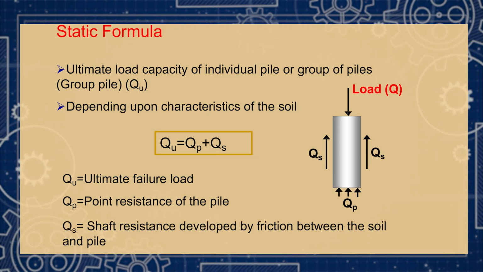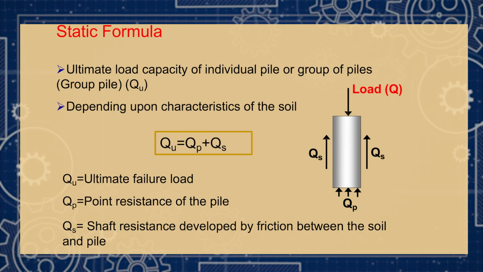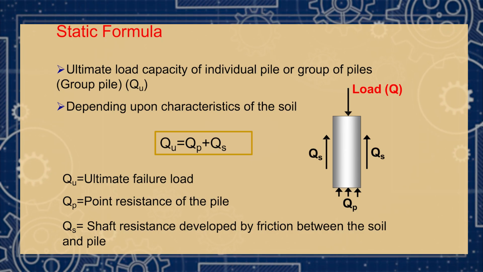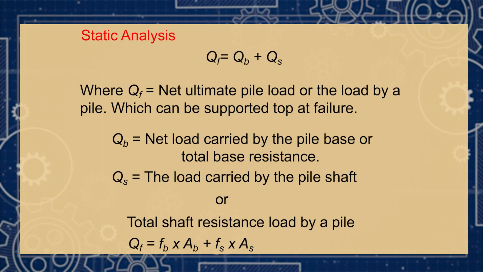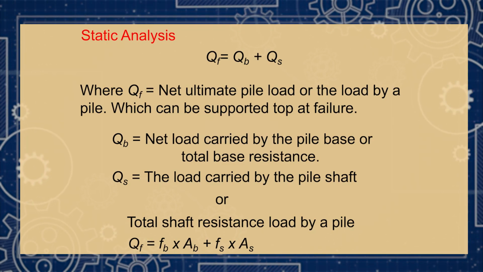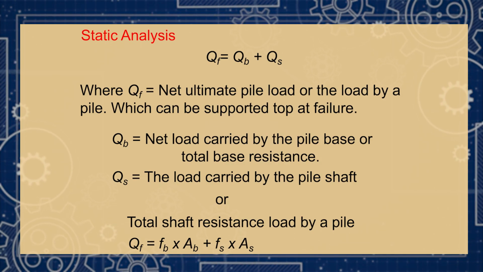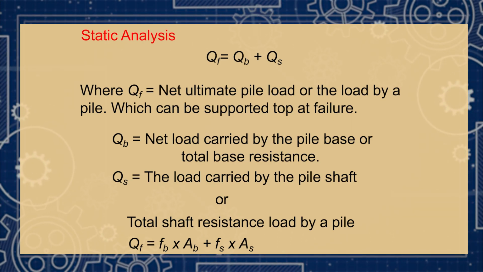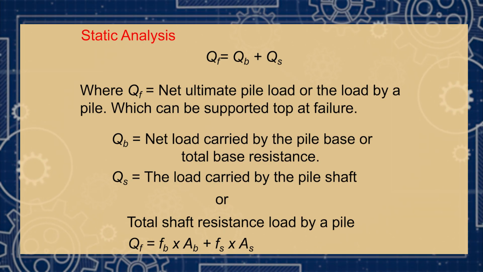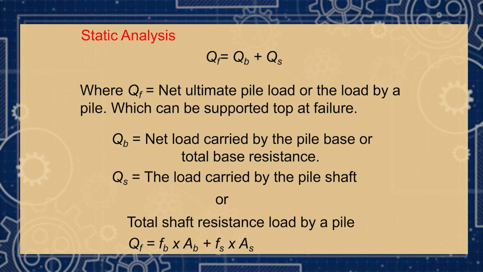This is the load taken by the soil and this is taken by the rock. This is qp. That is why we mention qf equals the net ultimate load by the pile which can be supported at failure. qb is the net load carried by the pile base, and qs is the load carried by the pile shaft. That is why we call it skin friction.